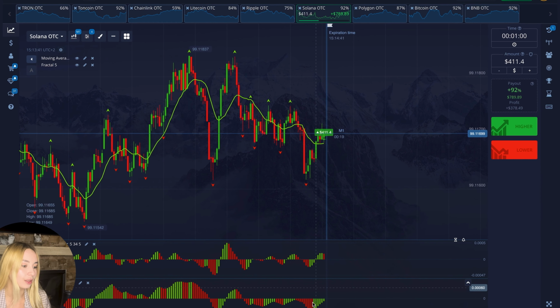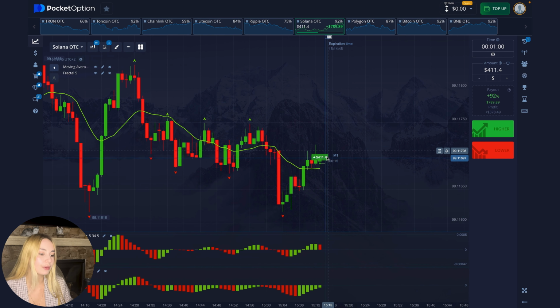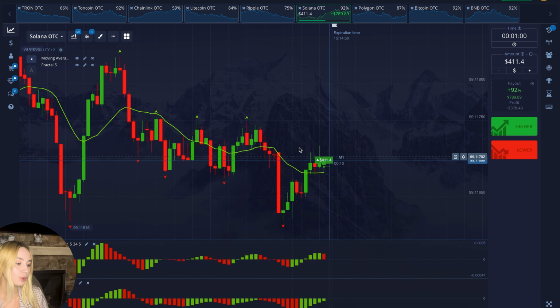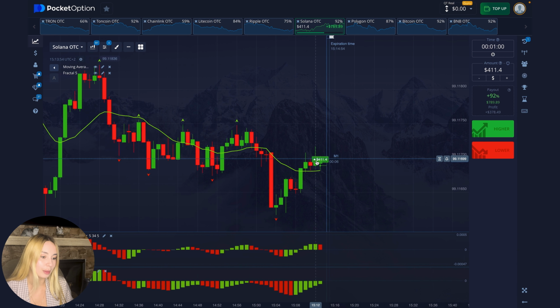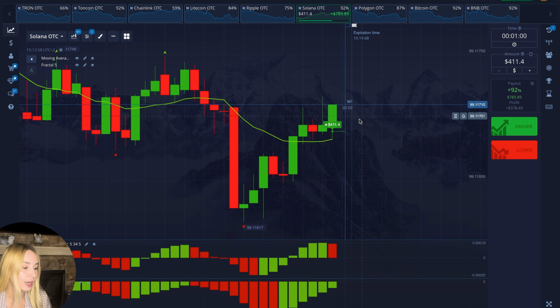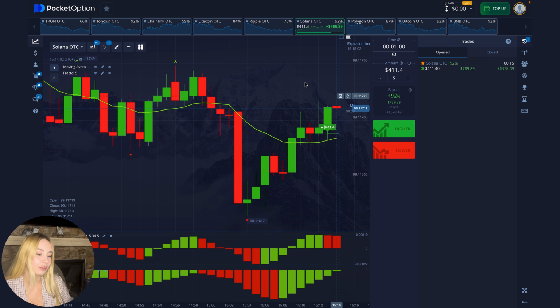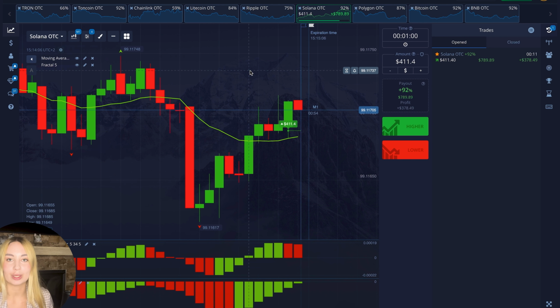On the second oscillator, we have got green bars. We had a fractal base structure low earlier, so the next move should update the high. Price also crossed the moving average from below. Price is now moving above the weighted moving averages, so I'm confident in this call position. Let's see how it closes.